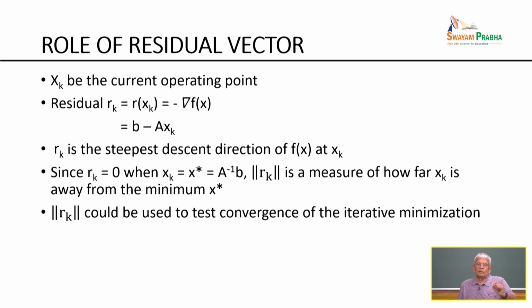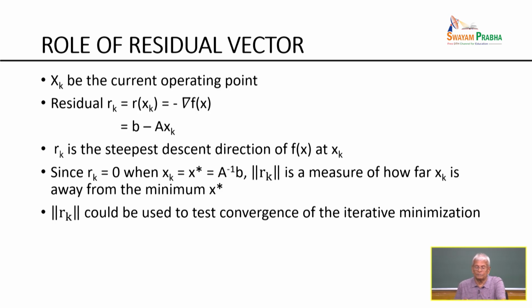Now, please remember, in the case of least squares, we introduced the notion of a residual vector to measure the difference between the left hand side and the right hand side. Here also I am going to use the residual vector, with a slightly different role, but residual is residual.